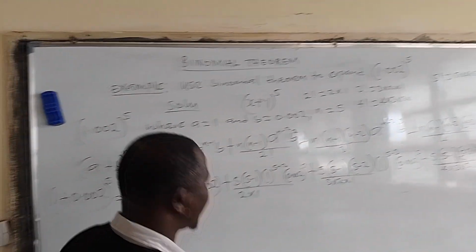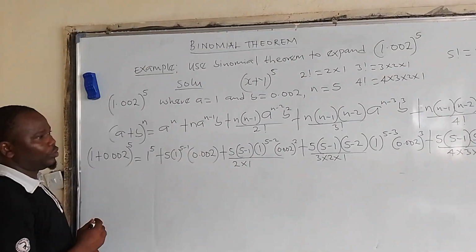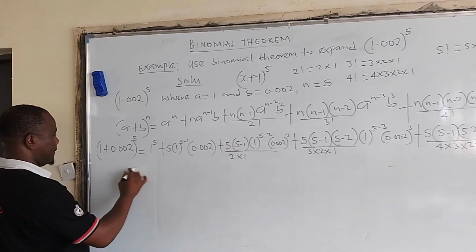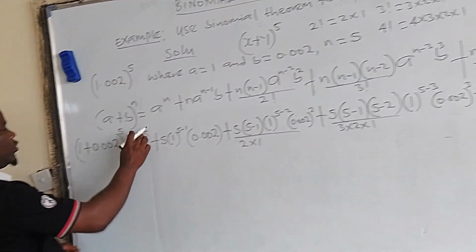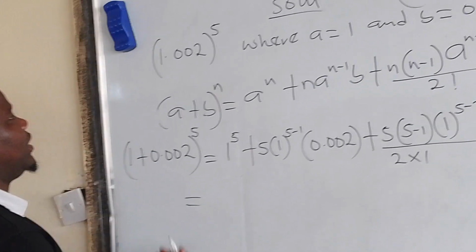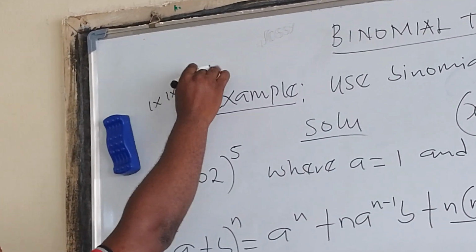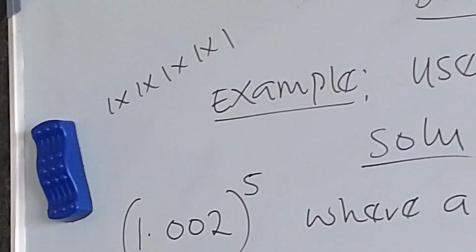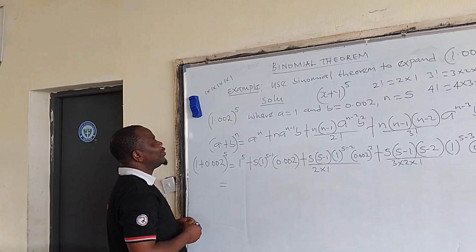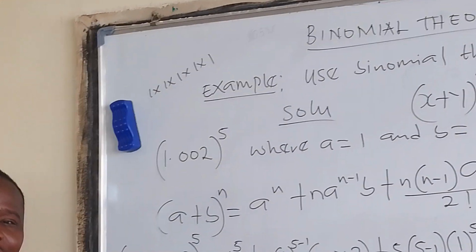Okay, so let us still break it down to understand it better. 1 raised to the power 5 means 1 times 1 times 1 times 1 times 1. How many? 1, 2, 3, 4, 5. True or false? You discover that if you use 1 to multiply 1, 1, 1, it will still give you back 1.